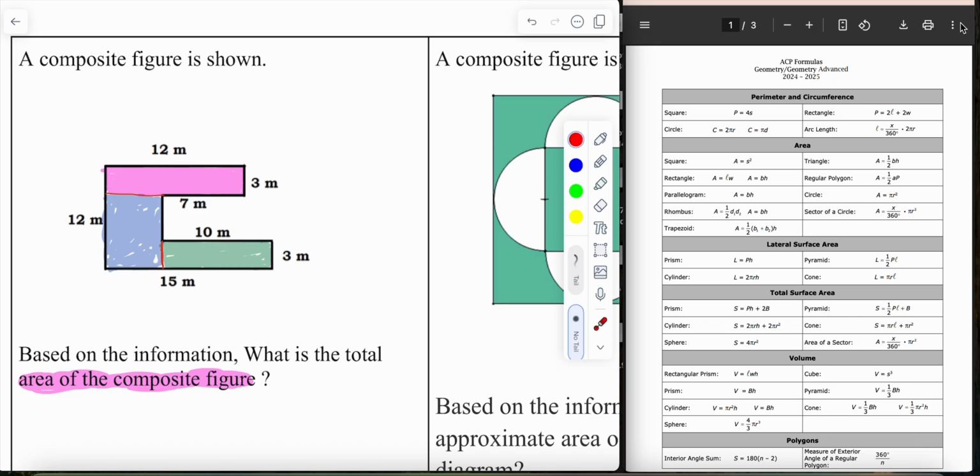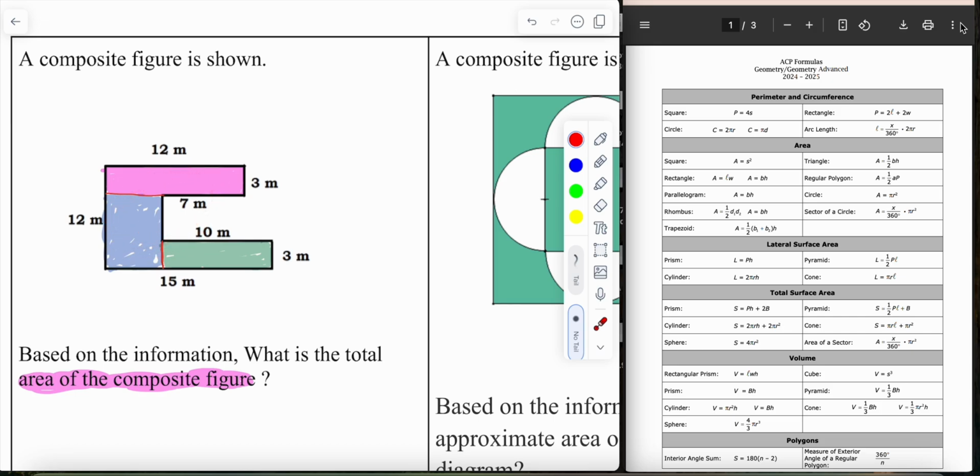So the question asks us for the area of the composite. Because we have to find the area of the 3 different rectangles, and then when we find the areas of those, we would combine them to get the area of everything. So they are all rectangles.